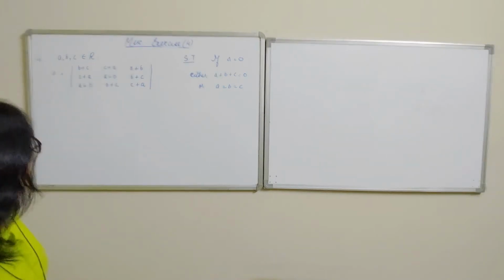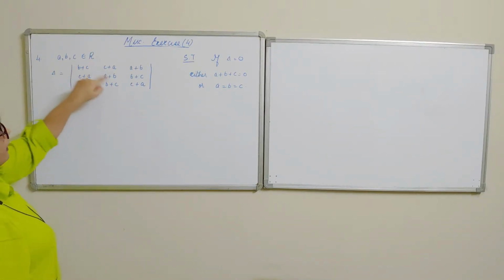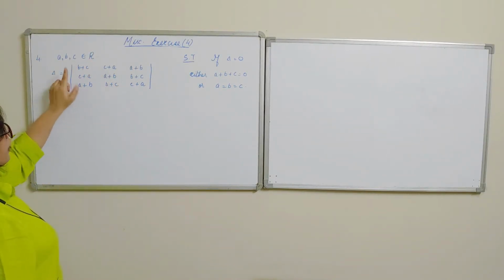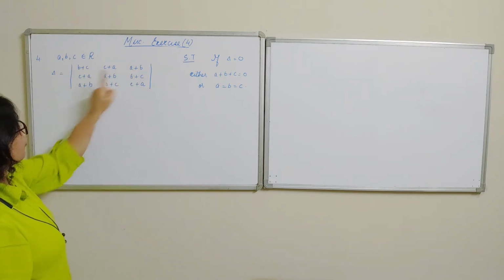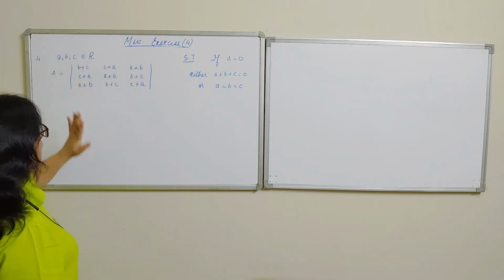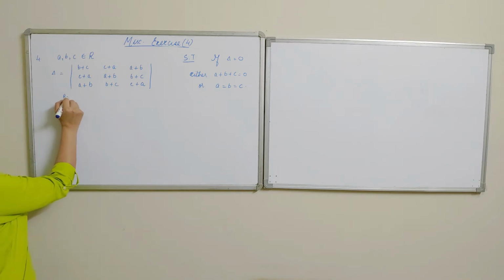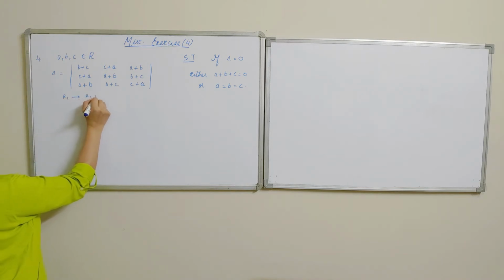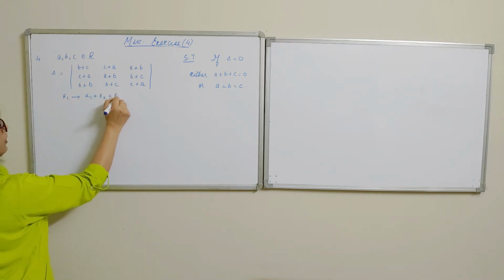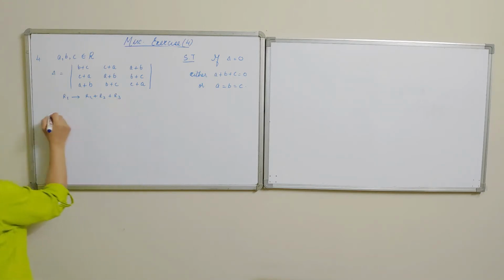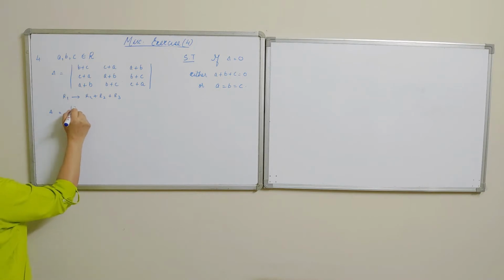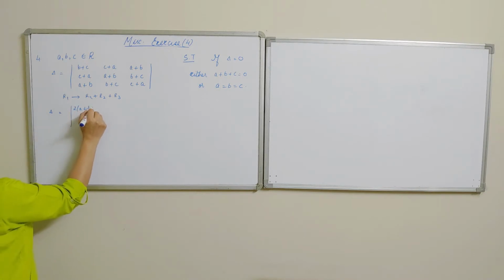So here, once again, looking at the elements of the determinant either in a row or in a column, we see that elements are the same. So performing a row operation, r1 plus r2 plus r3, or we could have performed a column operation, the elements of the first row would become twice of a plus b plus c.